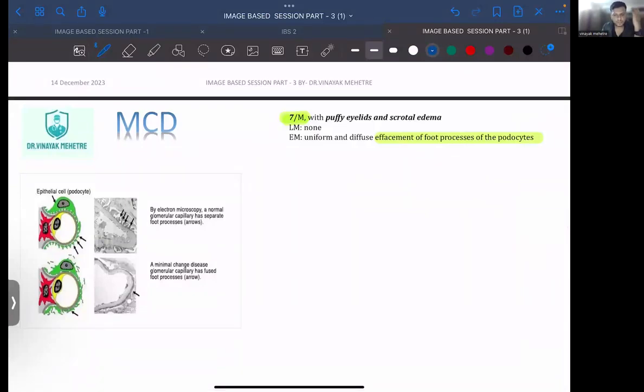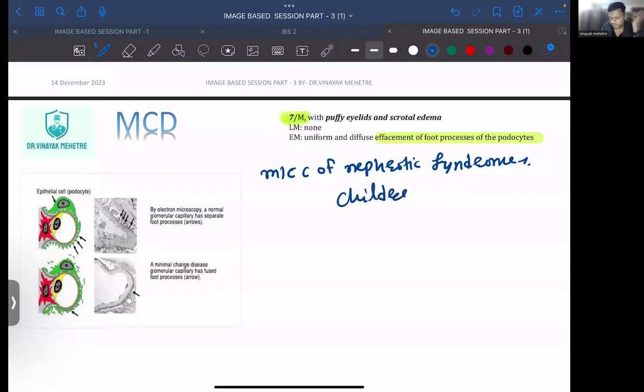It is the most common cause of nephrotic syndrome in children, the lighter version of old, right. Same. So in short, what we have is MGN in adults, that is the bigger version, right?